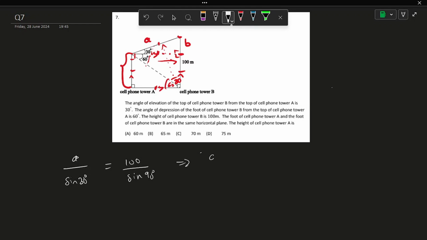We cross multiply, so A will be equal to 100 multiplied by sine 30 divided by sine 90 degrees.